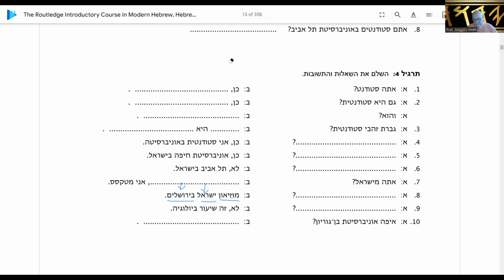Museon. Okay, that's not Mitsuyan. It's spelled almost similar to that. It's museon. So it's like a museum. Museon, Israel in Jerusalem, a museum in Israel in Jerusalem.